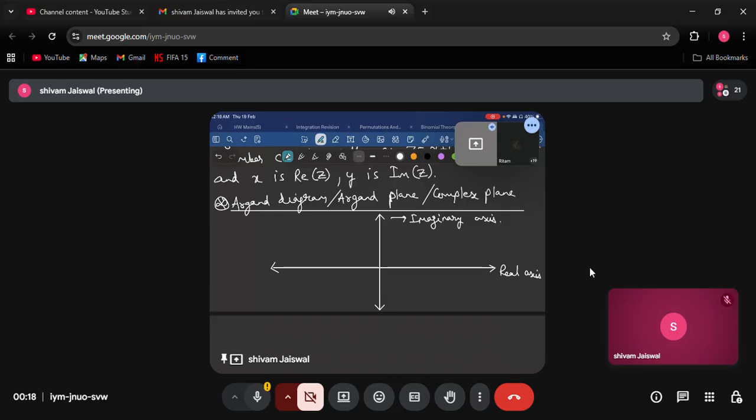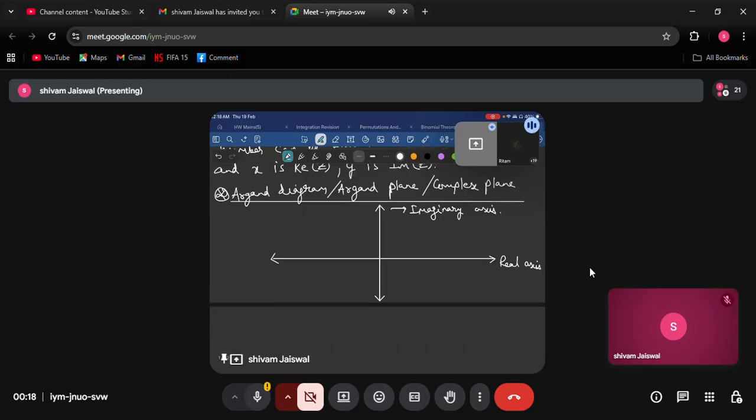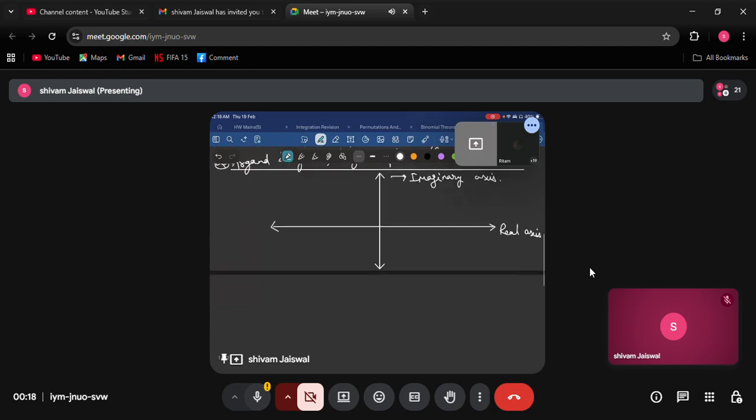Next, how can we plot complex numbers on an Argand plane?